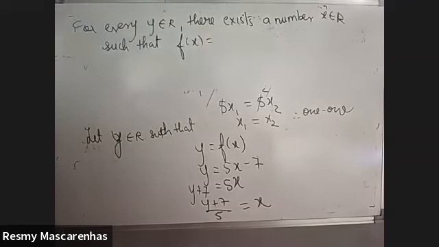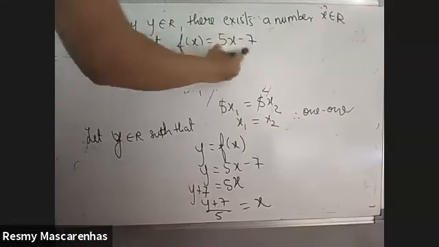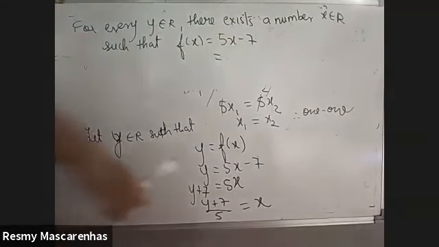What was the main question given? 5x minus 7. Now substitute the value of x over here and prove the answer is equal to y.